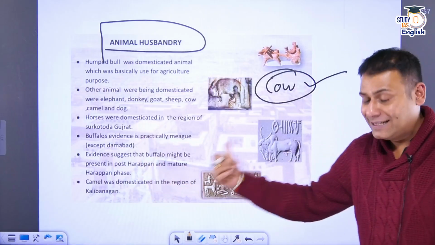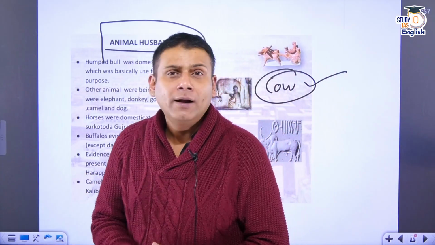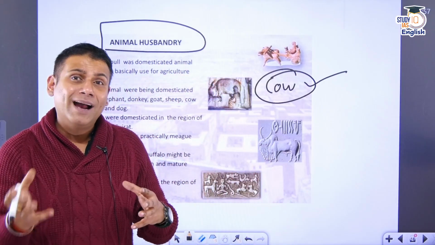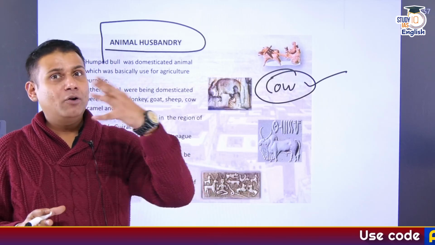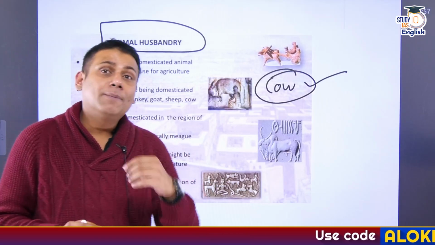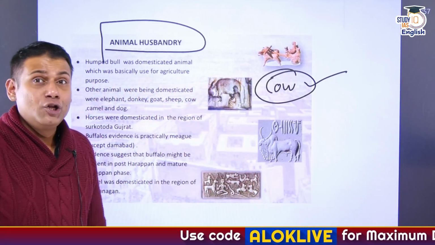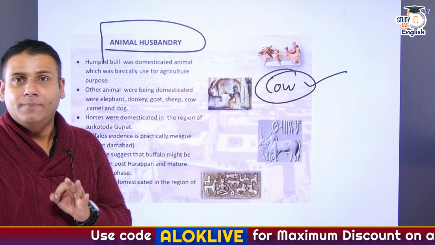We saw an example of a site called Daimabad in Maharashtra, where a bronze buffalo statue has been found. This exemplifies that people might have domesticated buffalo in that region, so there is a possibility that they also domesticated cow. But still, there is no mention of cow on Indus Valley seals.